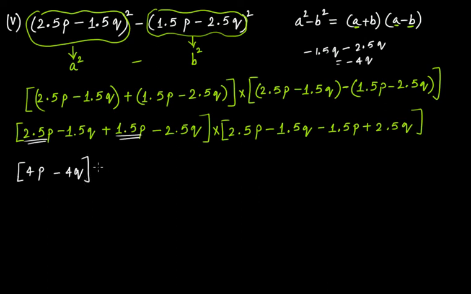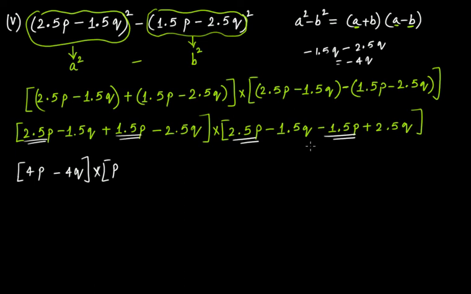Okay, multiplied by, here you have 2.5p and minus, in this case the like term is minus 1.5p. So this will be 1p, 2.5 minus 1.5 will give you 1. So just write p here. Then minus 1.5q and this is 2.5q.